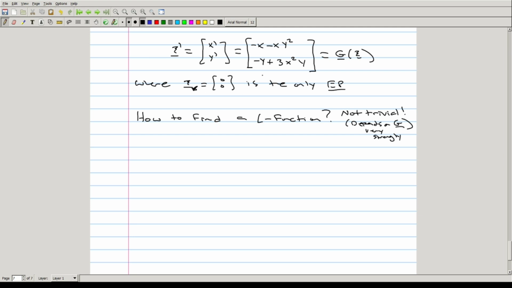And we note that if you choose function V of x, y of the form ax squared plus by squared, the gradient of V is going to be 2ax and 2by.